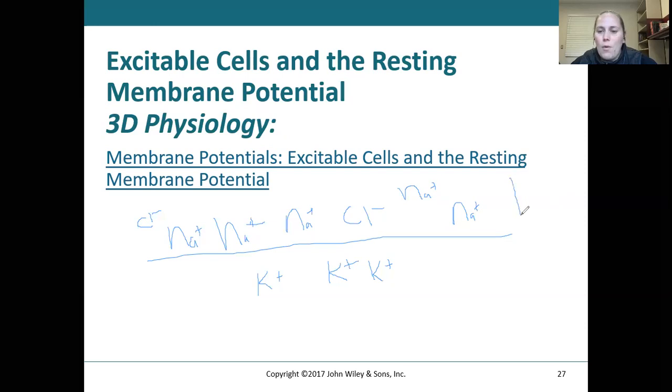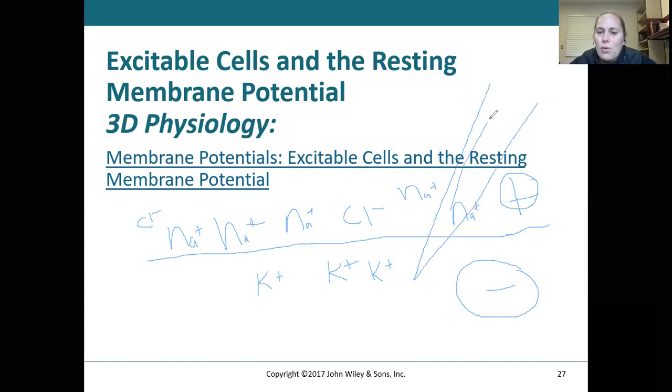Because of that, most neurons are resting at a negative electrical value. If you put a huge electrode into that cell and recorded what it was at, you'd probably find those cells are sitting at roughly minus 50 millivolts.